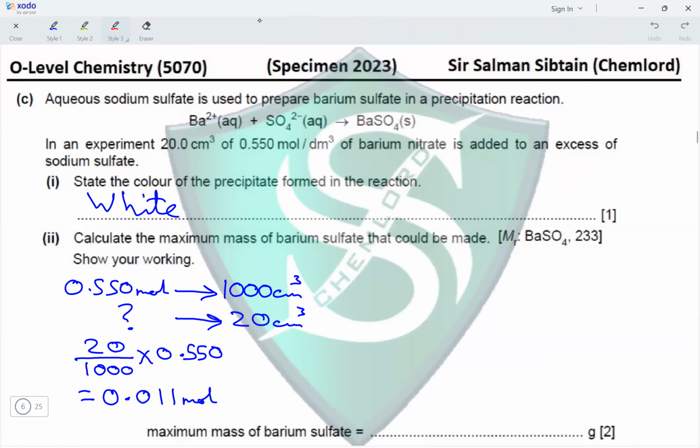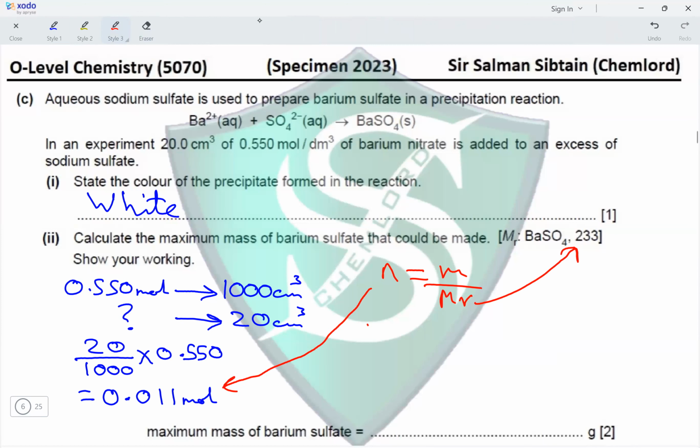Now we need to calculate the mass. The formula that incorporates mass, moles, and Mr is n equals m upon Mr. The Mr is given here and the number of moles have been calculated over here. We need to find the mass.